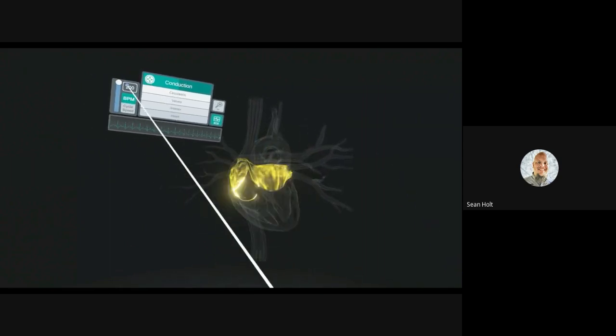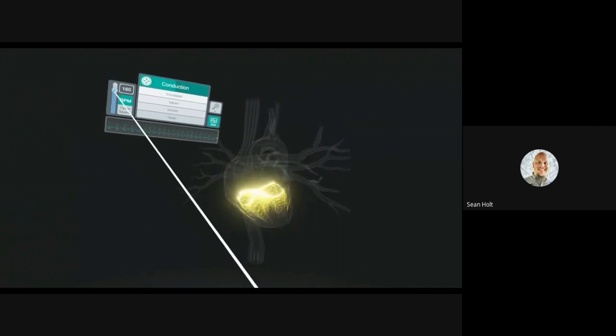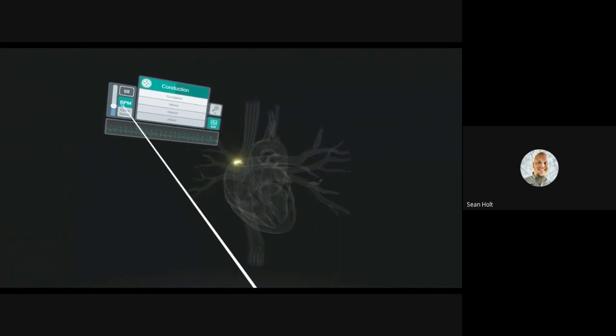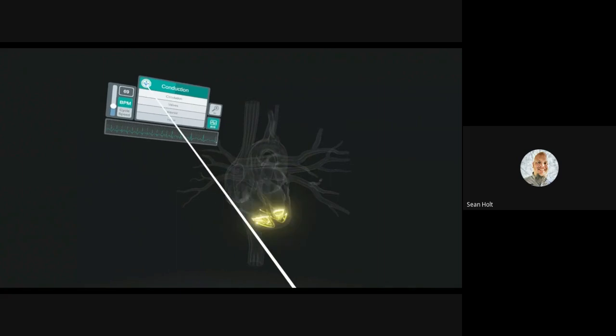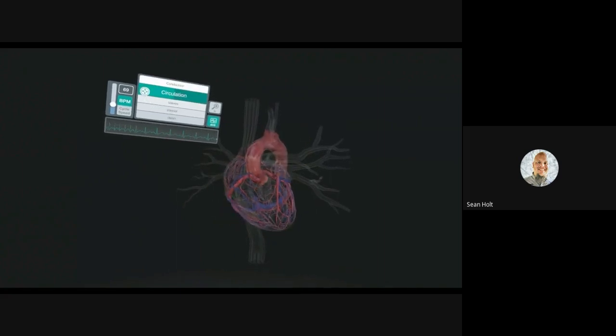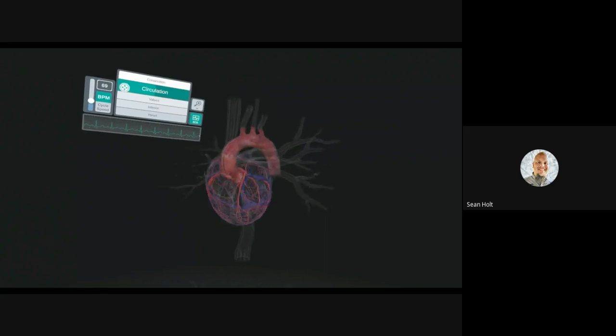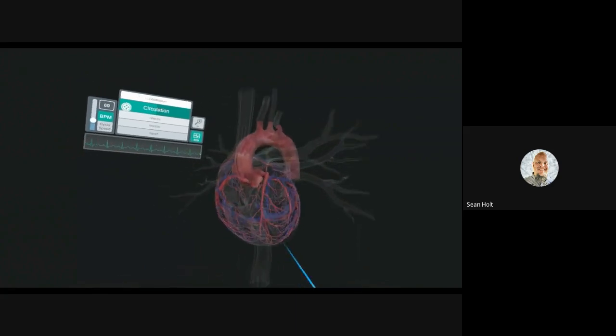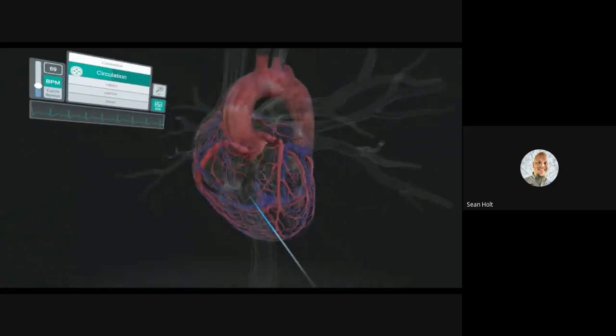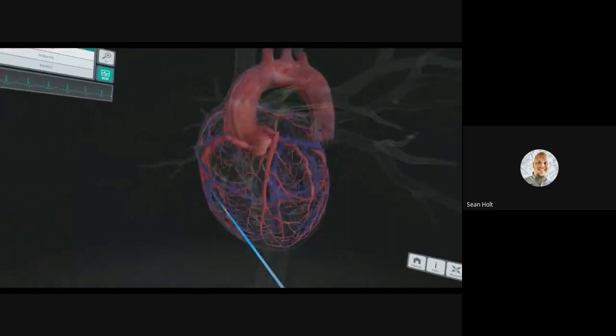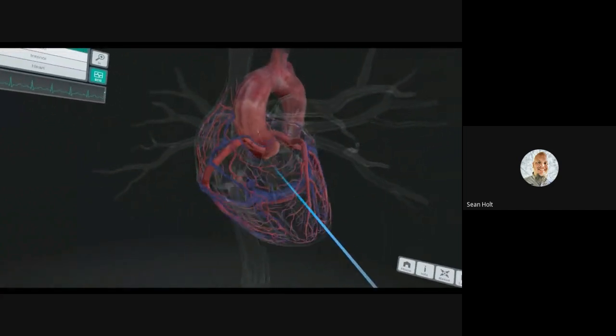Okay? So let's look at this. I'm going to slow the heart rate down to about 70. Here's the circulation. Okay? So you remember how I said that to the entrance to the aorta, there are 2 doors. Okay?